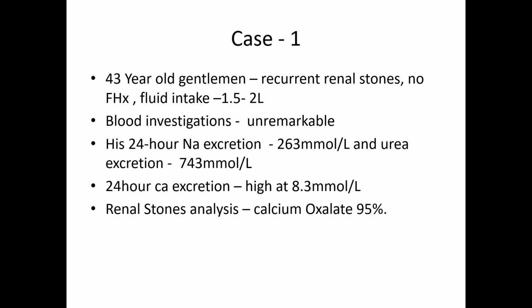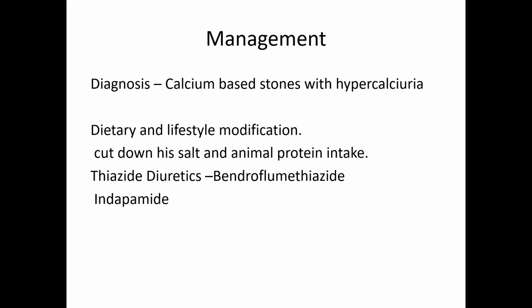His 24-hour urine sodium excretion was high at 263, and the urea excretion was high at 743, and 24-hour calcium excretion was high at 8.3 millimoles per liter, and his renal stones analyzed showed 95% calcium oxalate. Diagnosis was calcium-based renal stones with hypercalciuria.